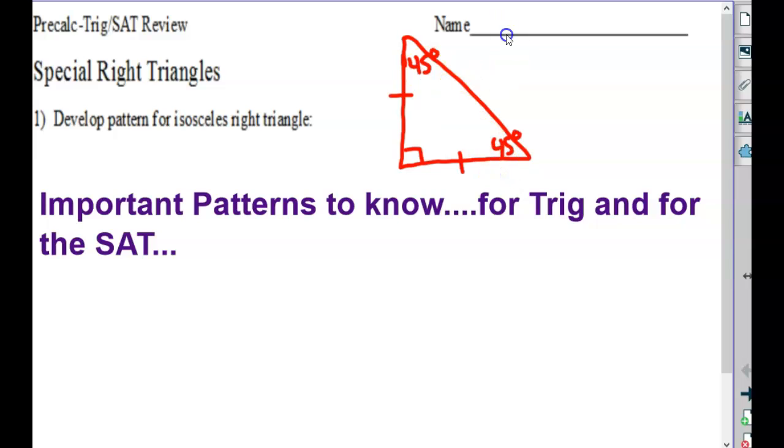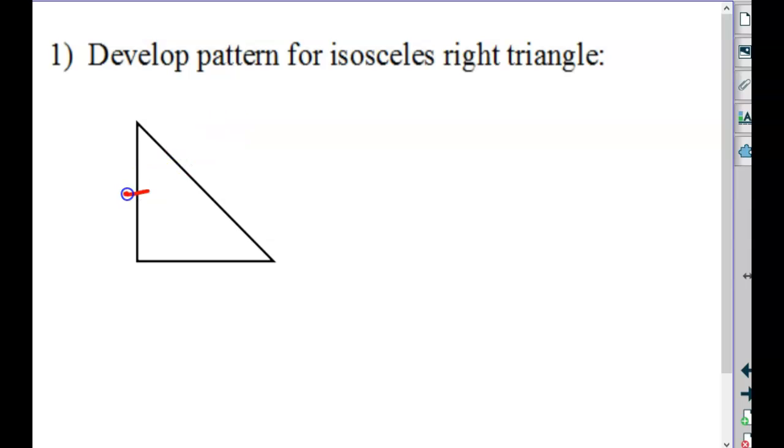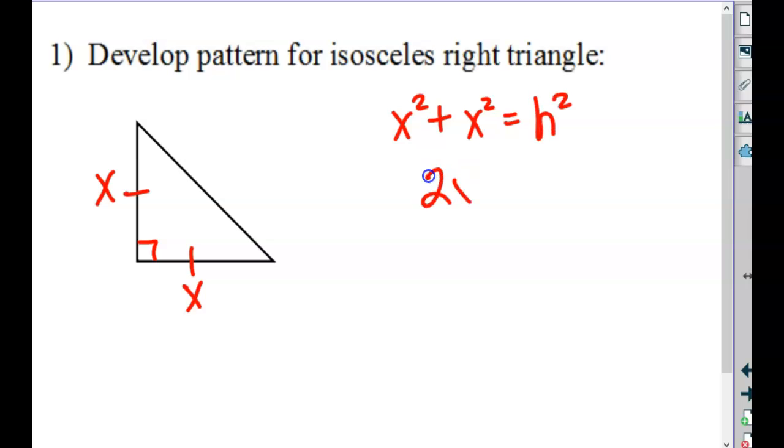All right, so there's a little pattern that says, if that's true, if I don't know this side or this side, I could do Pythagorean theorem. I get 2x squared. Is everybody okay that x squared plus x squared would be 2x squared? And that would be the hypotenuse squared.